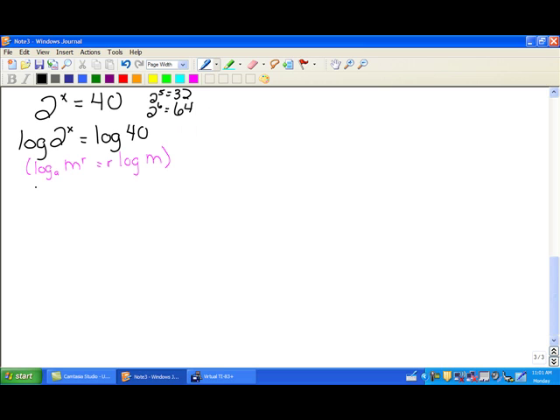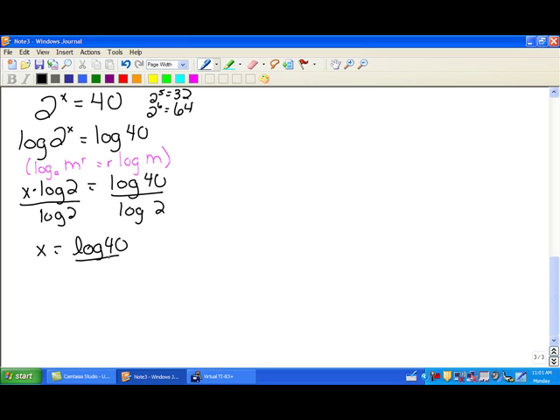So we're going to do that on the left-hand side: x times the log of 2 is going to equal the log of 40. Now to solve for x, it's attached to the logarithm of 2 by multiplication, so I'm going to divide both sides by the log of 2. That gives me x will equal the log of 40 divided by the log of 2.